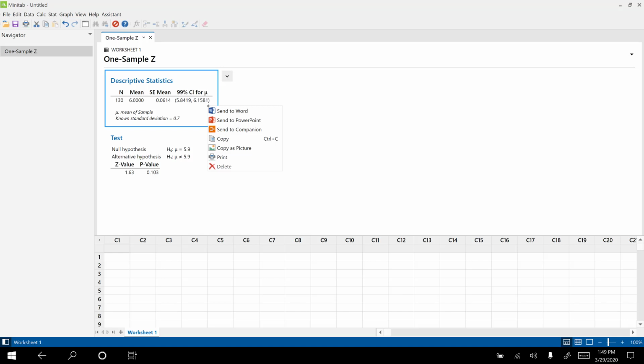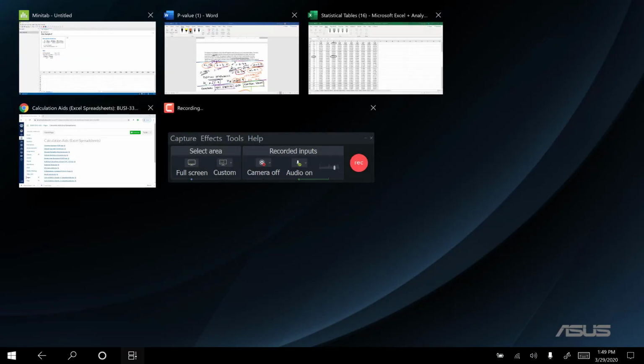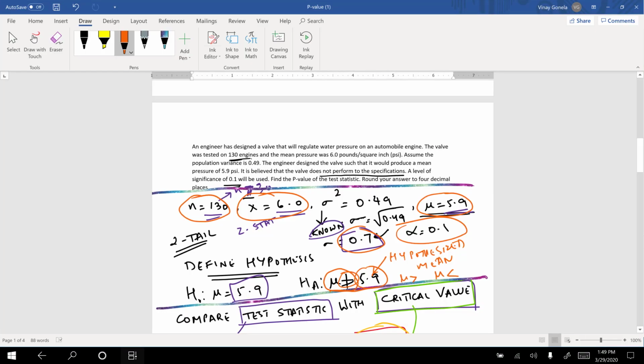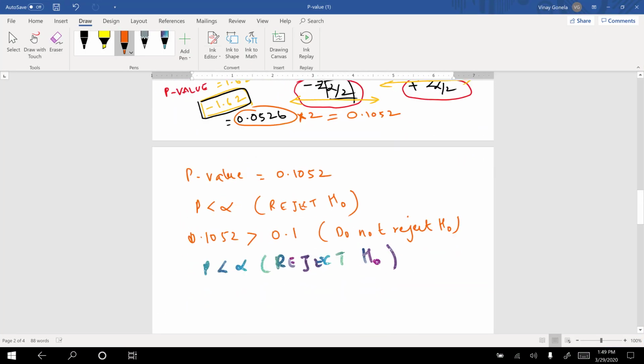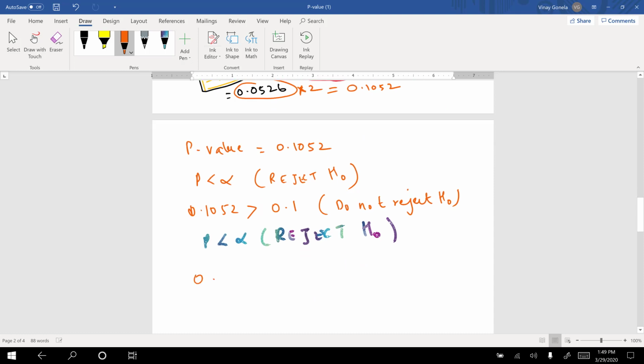So the p-value here is 0.103, this is what Minitab says. You can key in this number and it will be right. So that's how you will be calculating p-value.